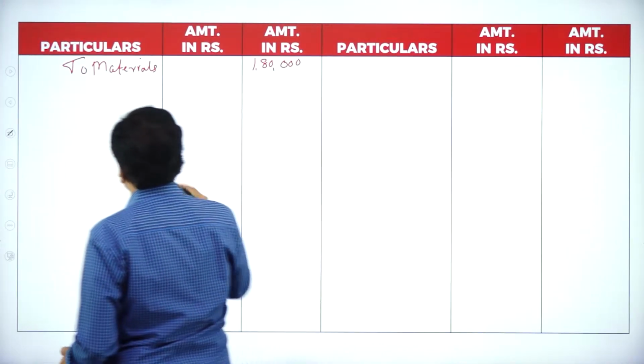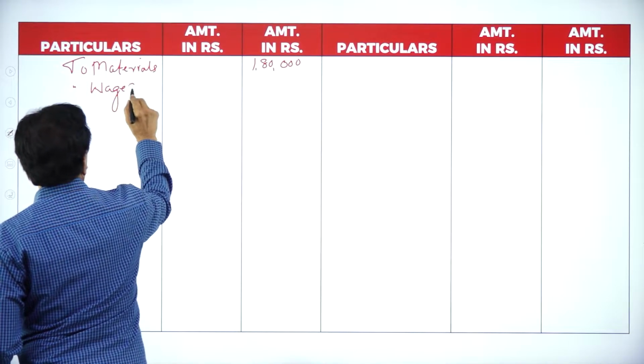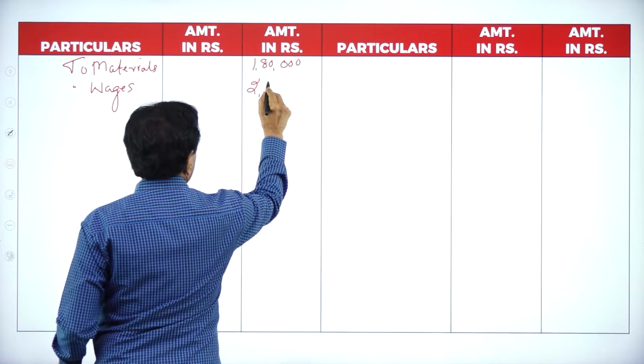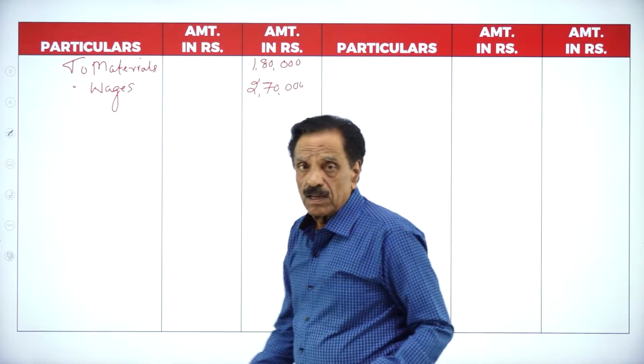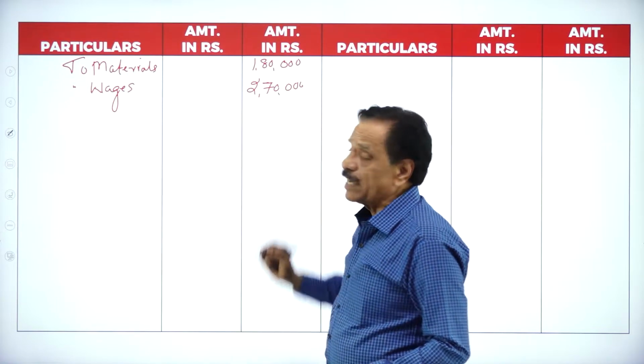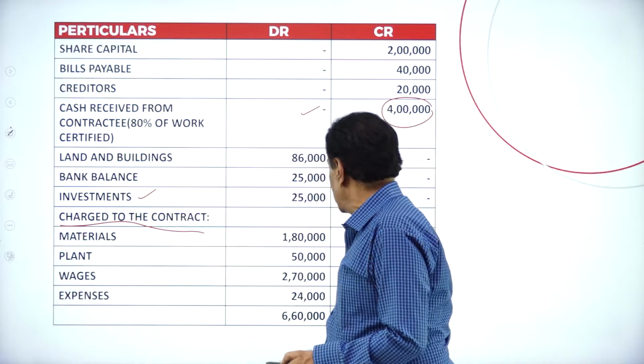What is next one? Wages, to wages 2,70,000. So material cost 1,80,000, wages 2,70,000. Then what is next one? Expenses.